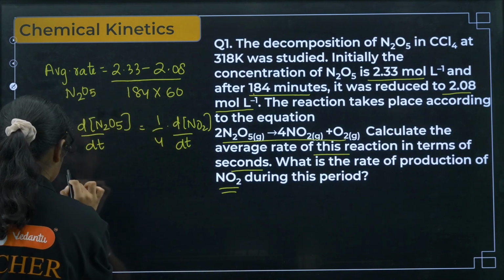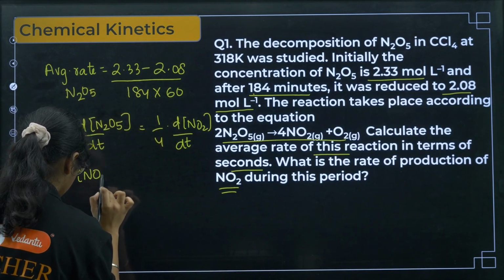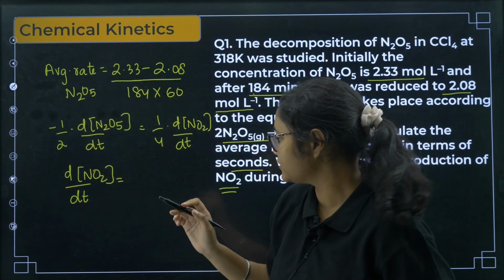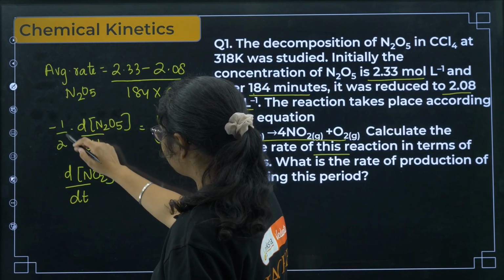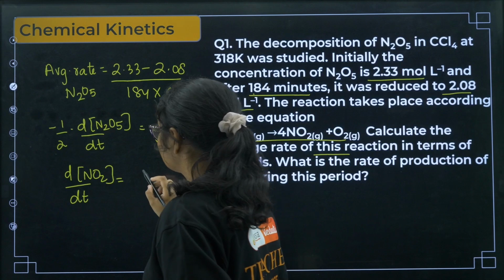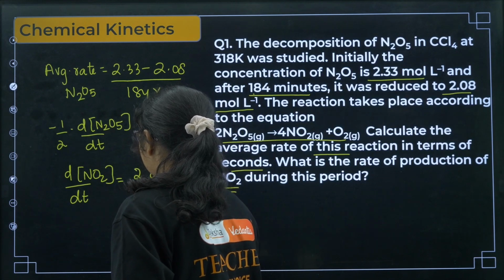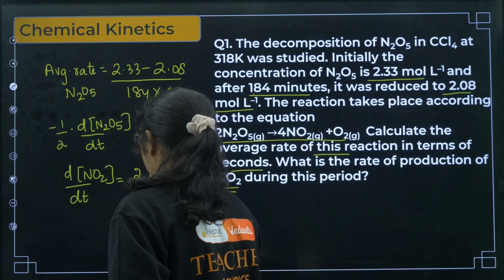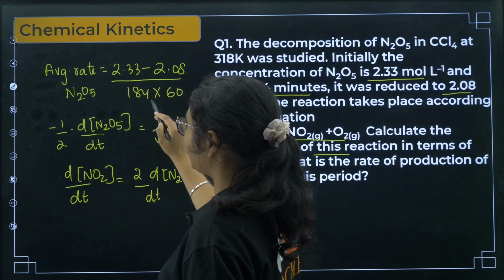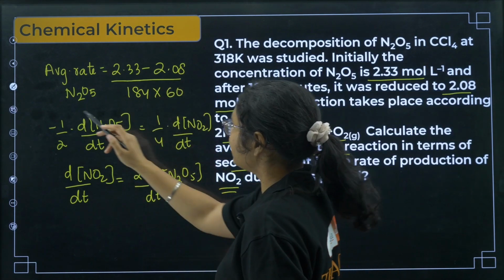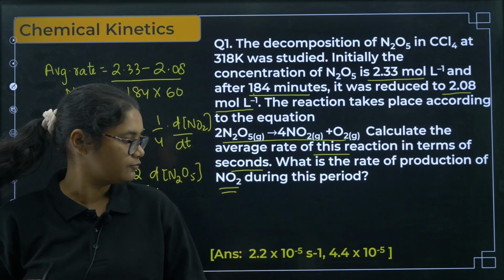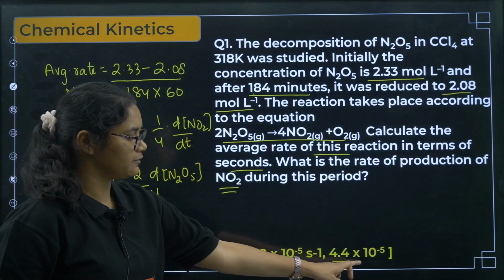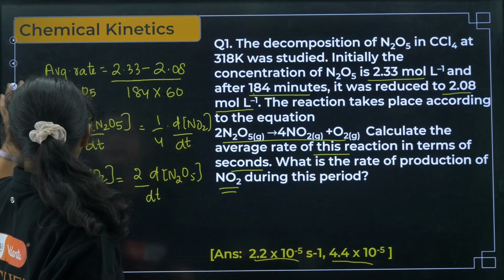If I want to calculate d[NO2] by dt, then 4 will go that side. So I can write 2 times of d[N2O5] by dt. So whatever value you get here, multiply with 2, then you will get the answer. If you see here, this one is coming 2.22, 2 times of that will be 4.44.